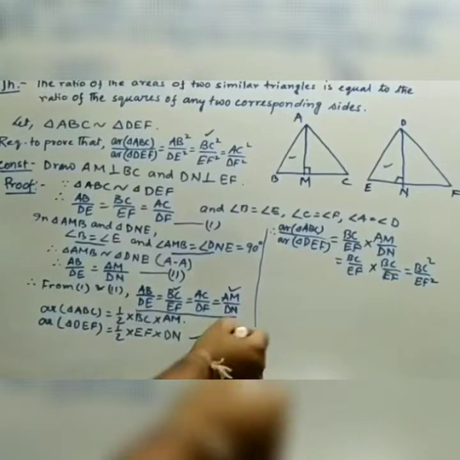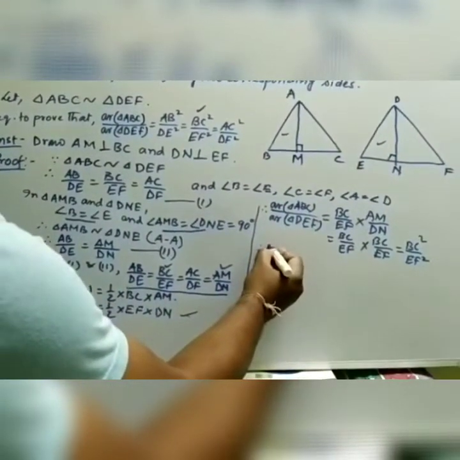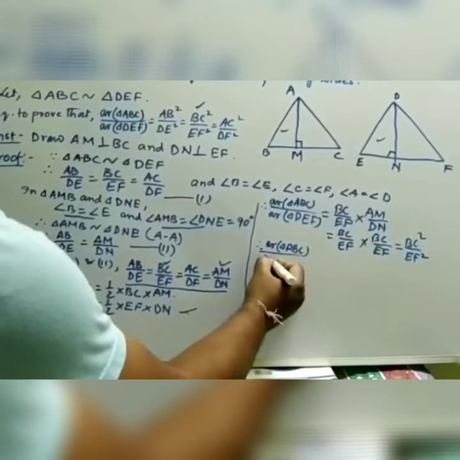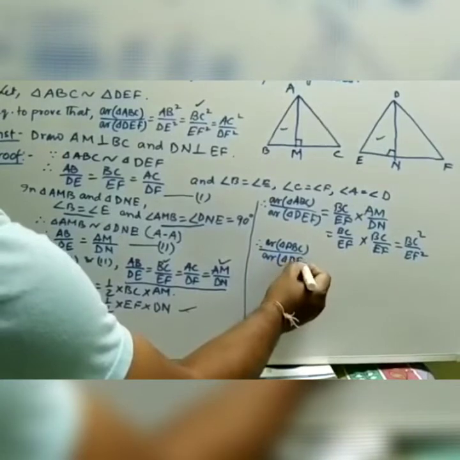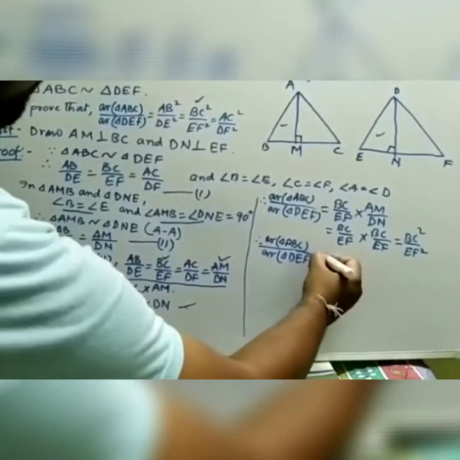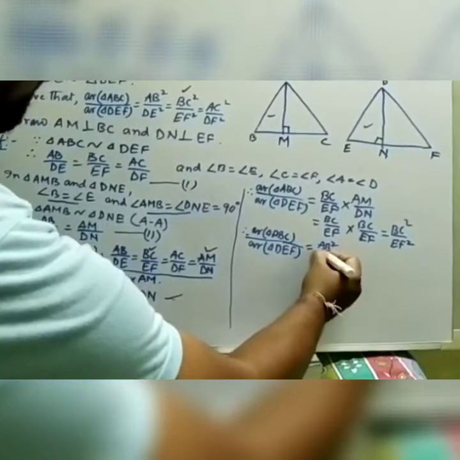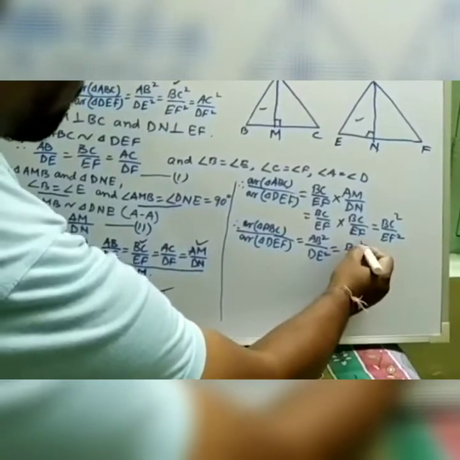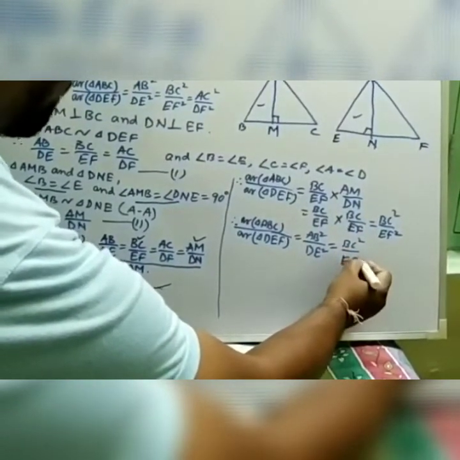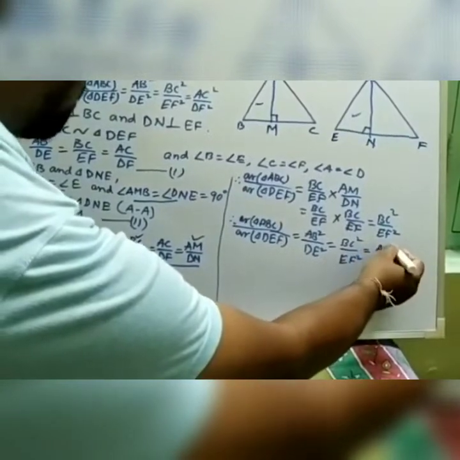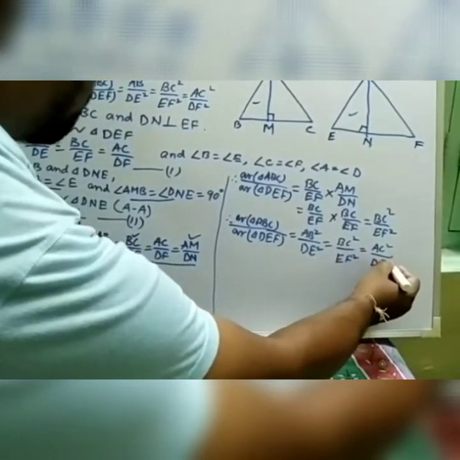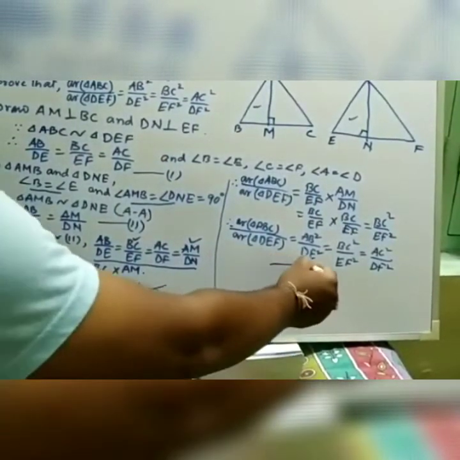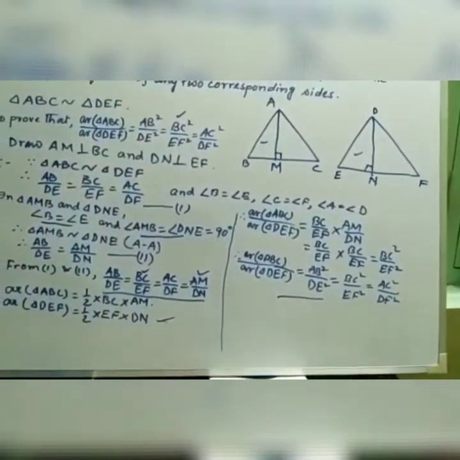So we can write from here: therefore area of triangle ABC by area of triangle DEF is equal to AB square by DE square equals to BC square by EF square equals to AC square by DF square, because these three ratios are the same from condition 1, and hence it is the proof. This we had to prove. So this is the completion of this proof.